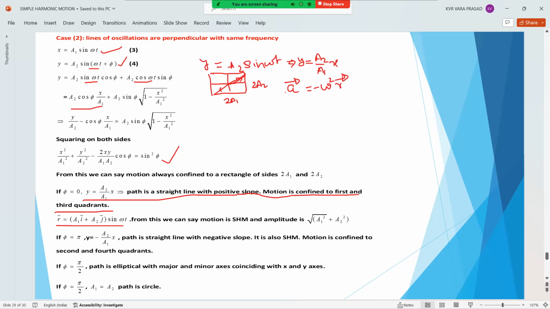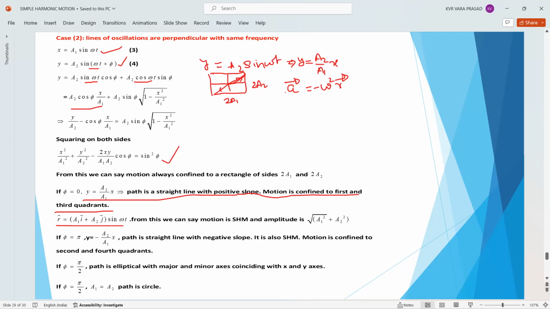So from this we can say that motion is simple harmonic with amplitude square root of a1 square plus a2 square. So the conclusion is that when we have two simple harmonic motions, with lines of oscillation mutually perpendicular and no phase difference between them, then the path is a straight line. It is oscillatory motion and it is simple harmonic motion. Amplitude is square root of a1 square plus a2 square.